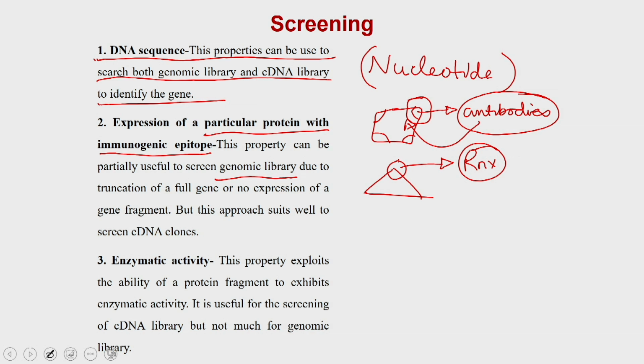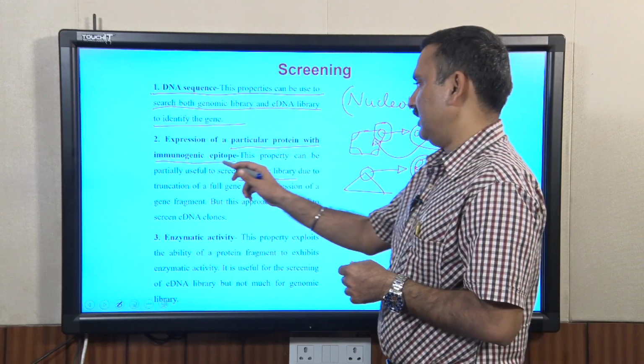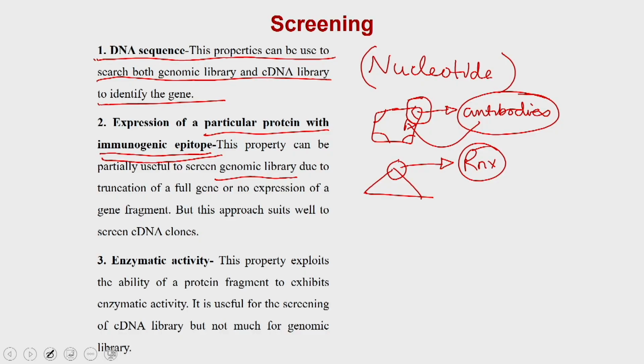So, at the end, what we have concluded is that we have three analytical tools: either the DNA sequences of the clone, or the antibodies which you can develop against the proteins present inside these clones, or the enzymatic activity coming from the enzyme which is present inside the clones.